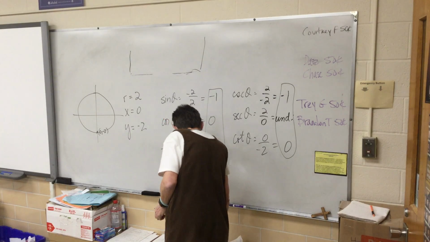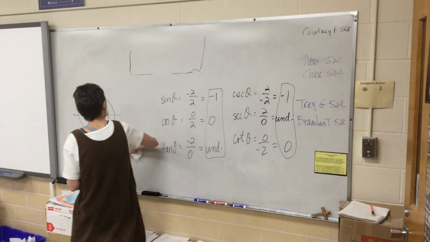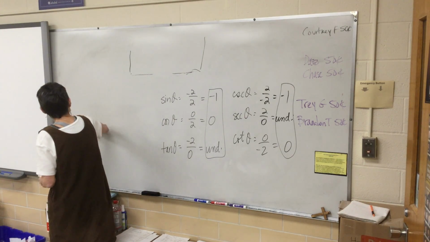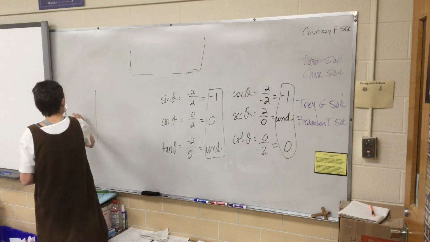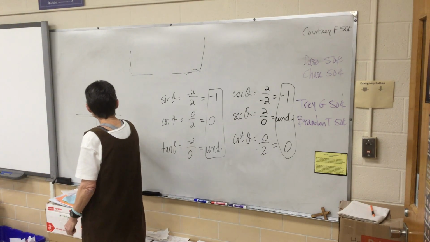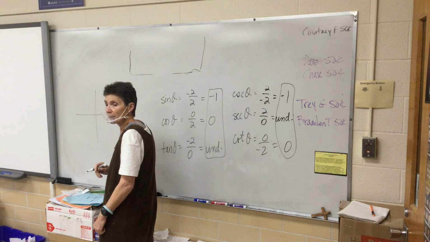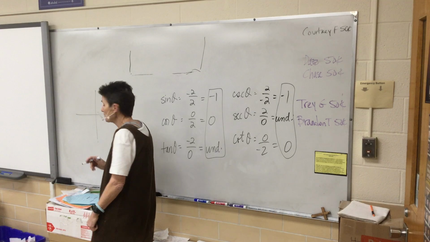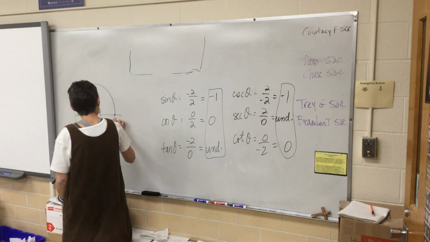All right. What about the next one? What do you think about it? Is it going to be the same thing? Yeah. Because if you physically plot the point 3, 0, you come over 3 and stop. So I'm going to draw a circle through that point. That's the point 3, 0.